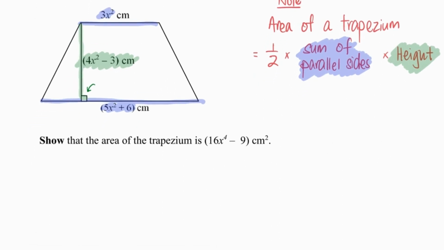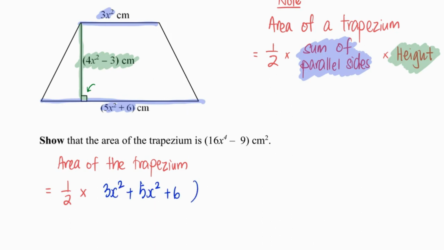So area of this trapezium is therefore equal to half times the sum of the parallel lines. So I will have 3x squared plus 5x squared plus 6. I need to sum them out first. So I put a bracket multiplied by my height.